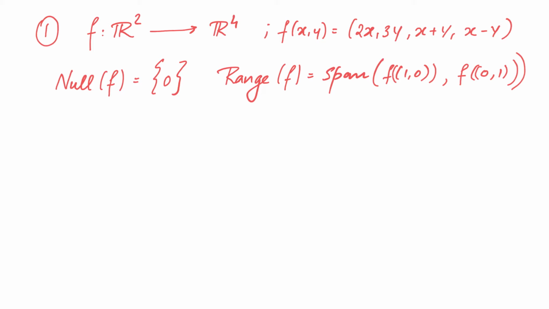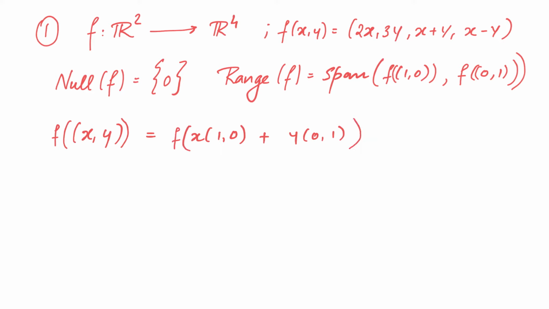Of course, we did not rigorously prove that range of f is the span of these two vectors, but let us look at a quick proof of it now. Notice that any vector in R2 is of the form (x, y). And any (x, y) can be written as x times (1,0) plus y times (0,1). Therefore, f(x, y) is equal to f of x times (1,0) plus y times (0,1).